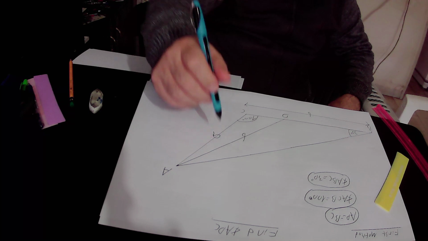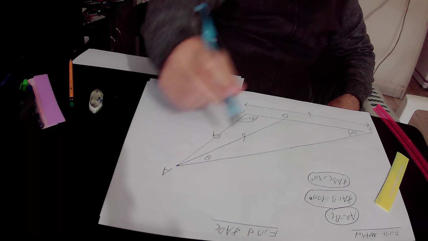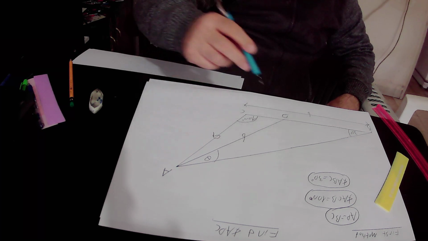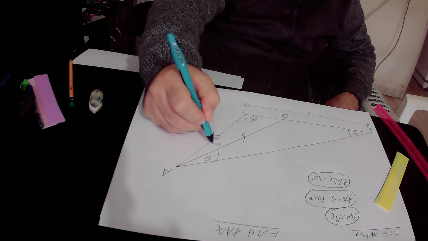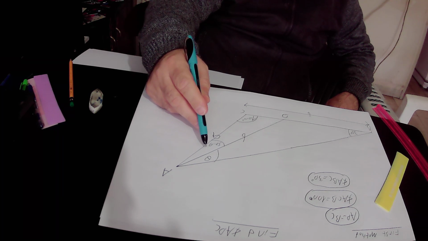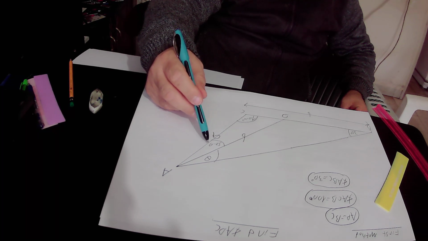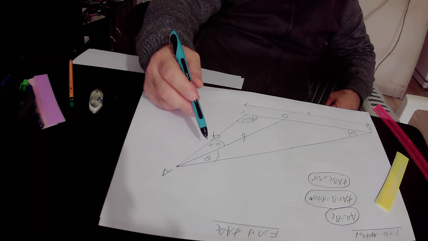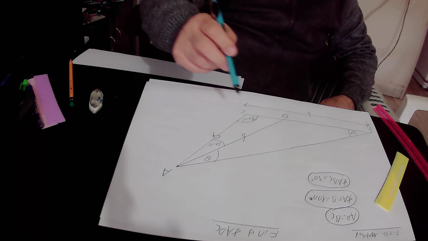So if we define this angle BAD as theta, then angle DAC must be equal to 50 degrees minus theta, because 50 degrees minus theta plus theta is equal to 50 degrees, exactly as we found that angle BAC equals 50 degrees.